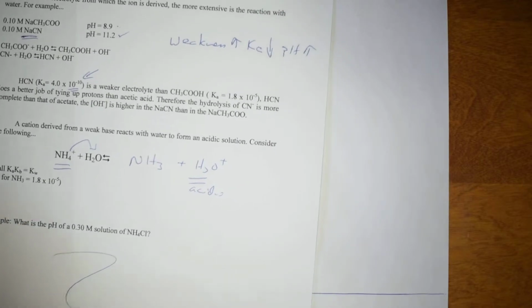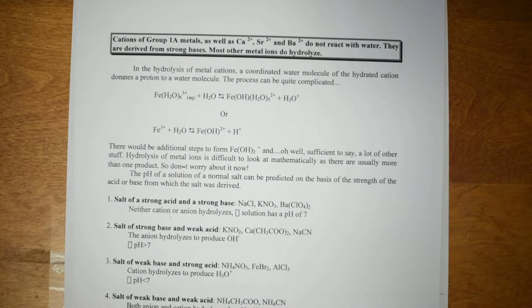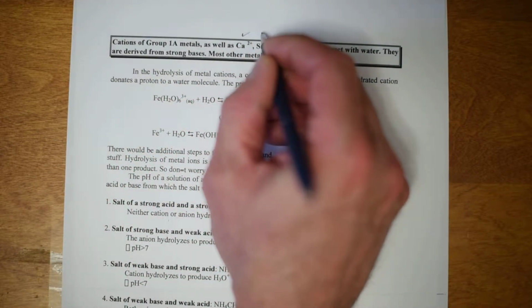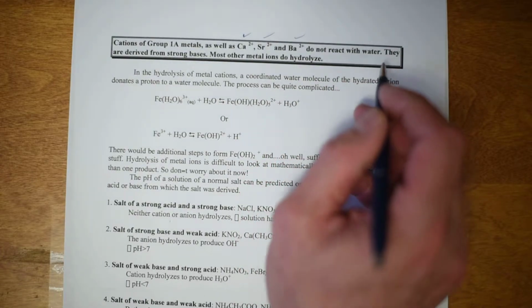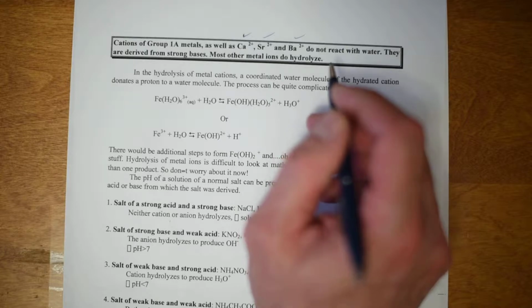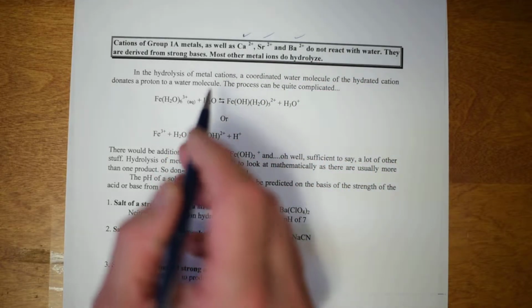Okay, and now, just for your edification, if we look at page 226, there's some information there. So cations of group 1A metals, as well as calcium, strontium, barium, do not react with water. They're from strong bases, and they will not hydrolyze.